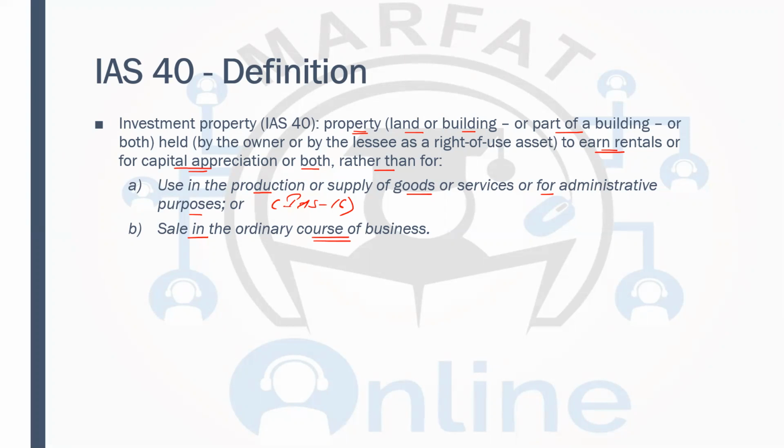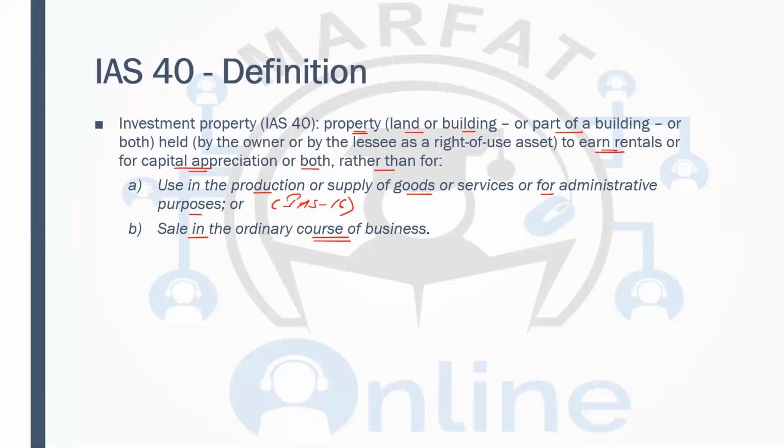So listen again, investment property is first of all the property, either the land or the building or both, which is held for capital appreciation, that simply means increase in the market value, or for the rentals, or both. For example, if you have a building and you have given that building on rent, it is going to generate the rentals as well as its value will rise over time. So here both are being met: you're earning rentals as well as having the capital appreciation.